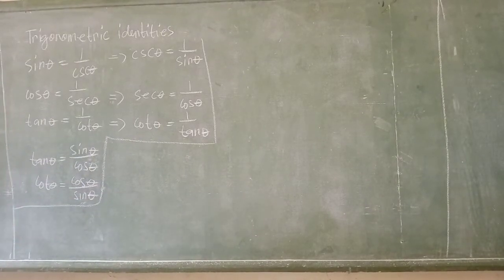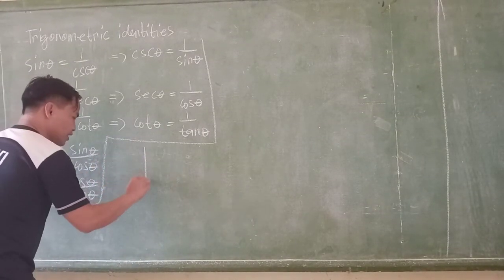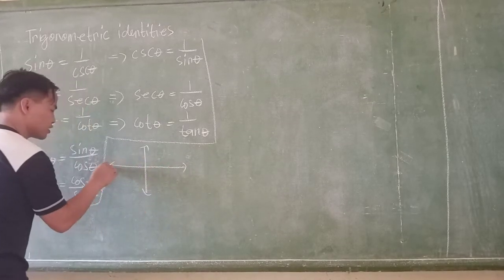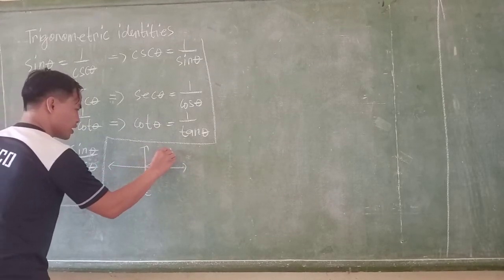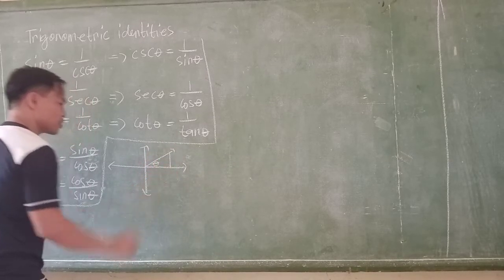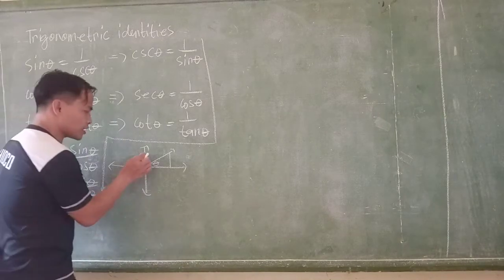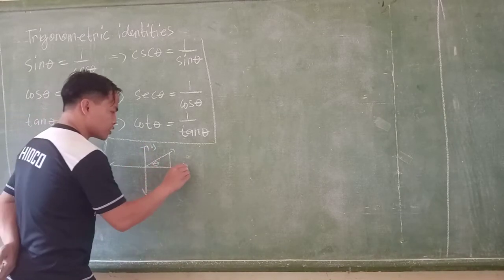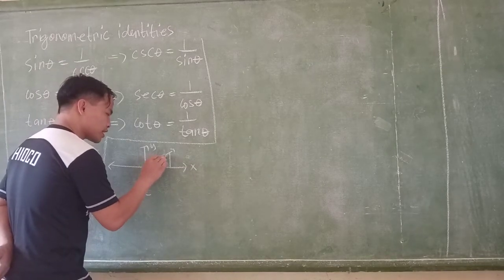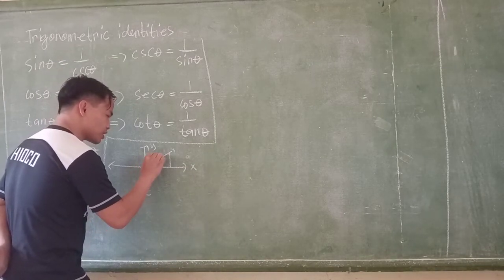For the Pythagorean identity, we let the angle theta be in standard position. This one is our y-axis. This will be our x-axis. This one is the side of the triangle. The hypotenuse is r.